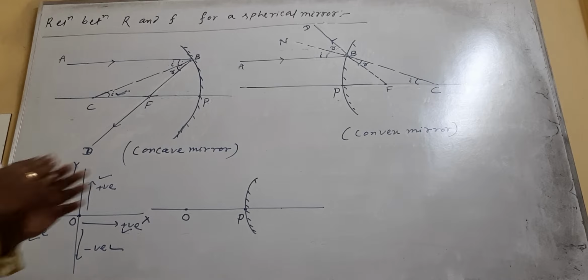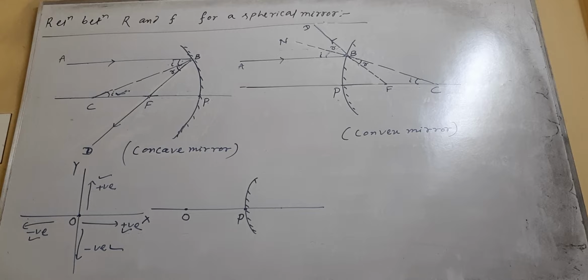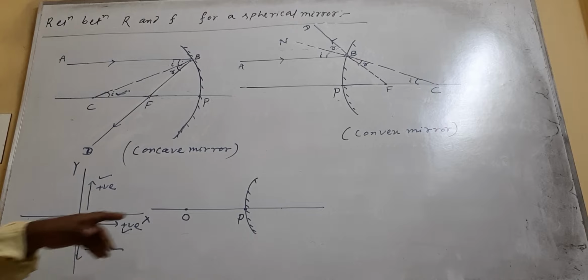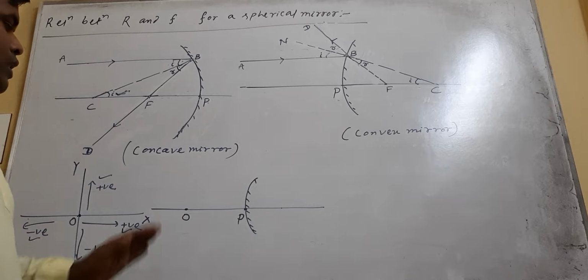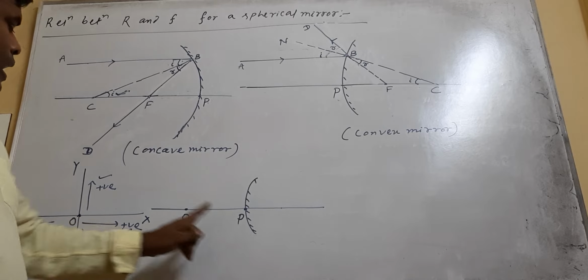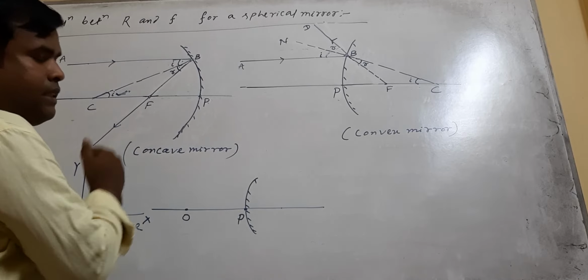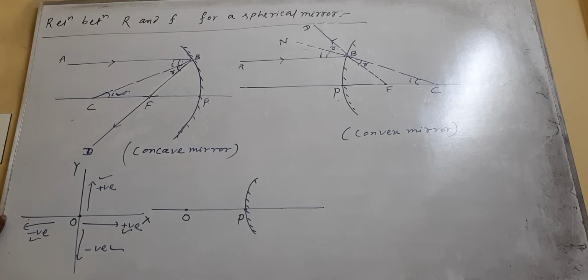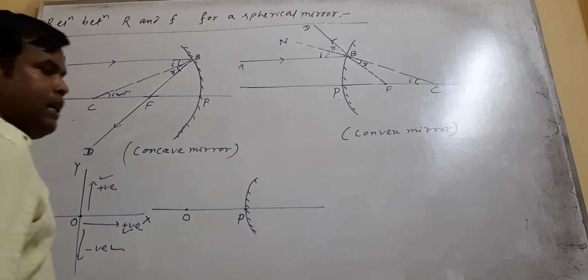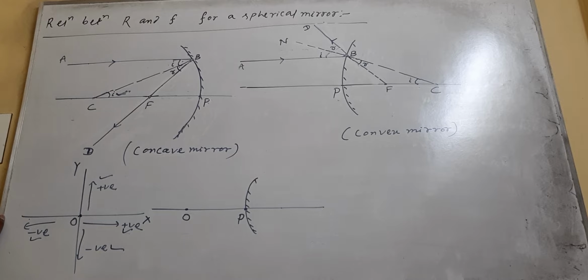In a mirror, all the measurements are measured from the pole. So just imagine the pole as the origin. Left measurements are negative, right measurements are positive.